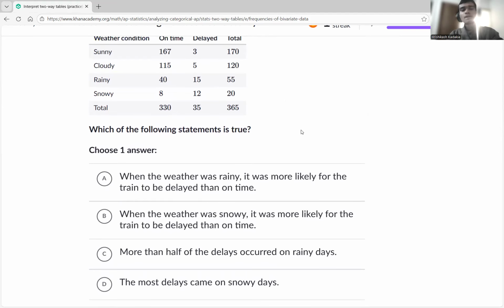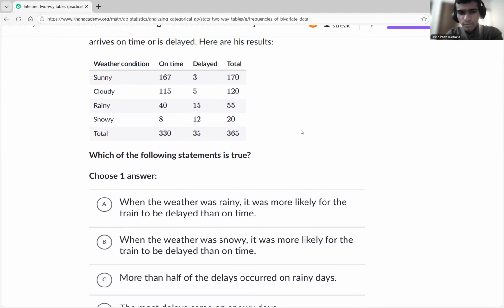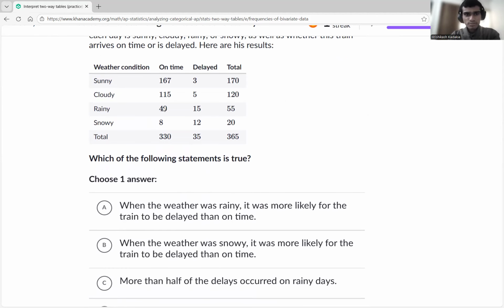But let's see. When the weather was rainy, it was more likely for the train to be delayed than on time. Well, that is false. It is 15 times delayed, but it is 40 times on time. So it's more likely for the train to be on time than delayed, because if you see 40 divided by 55, let me write here, you can even use a calculator to convert into percentage.